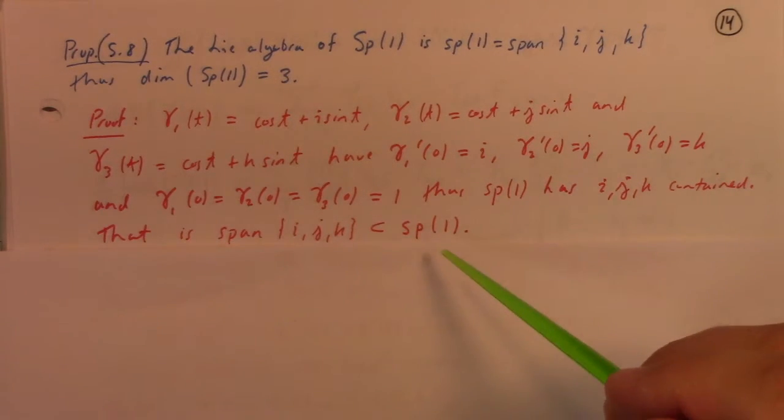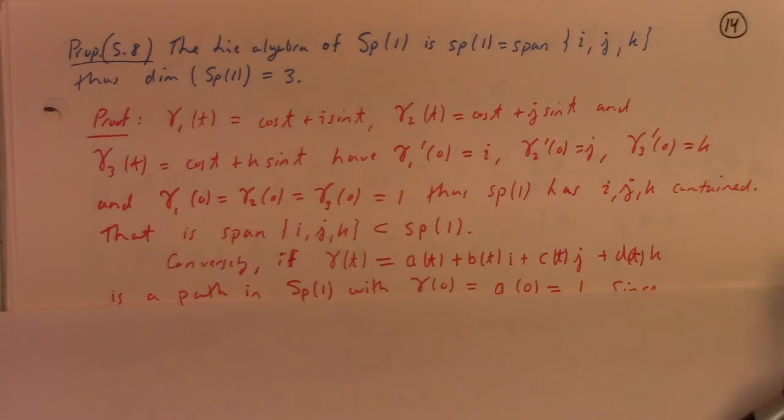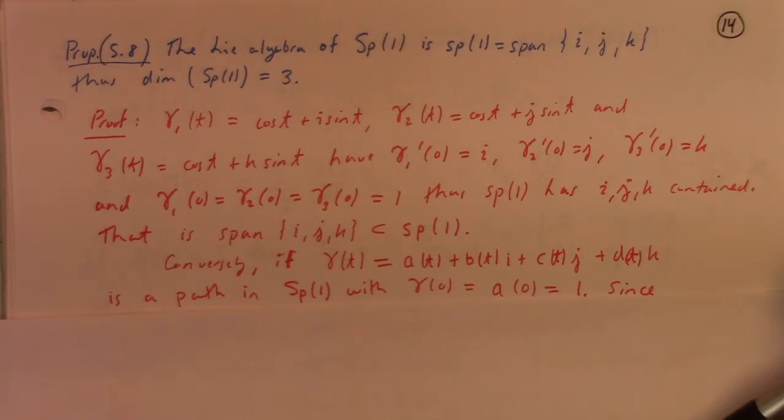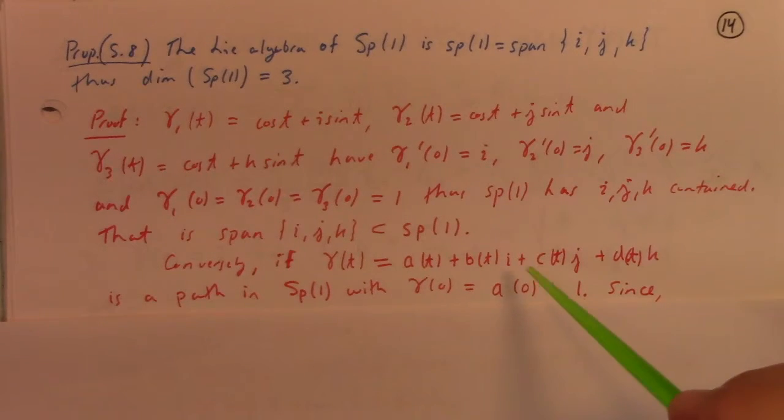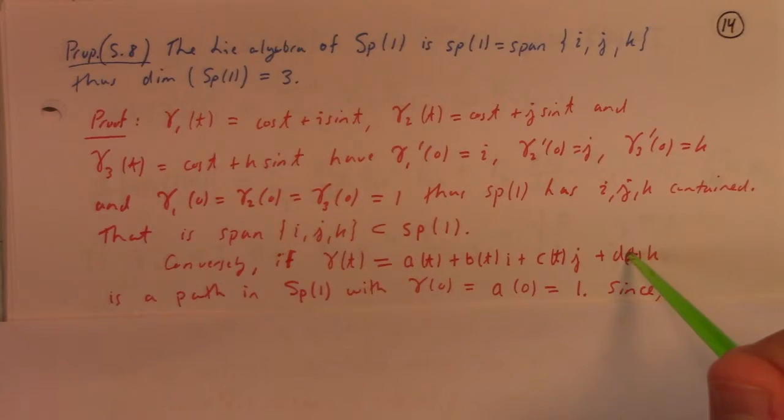And since SP1 is a vector space, I know that the sums of them are in there as well. Conversely, if you take an arbitrary path in SP1 that goes through the origin, that means that a of 0 is 1, but b of 0 equals c of 0 equals d of 0 equals 0.